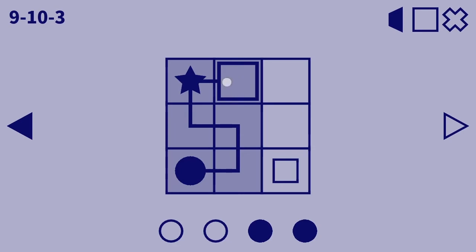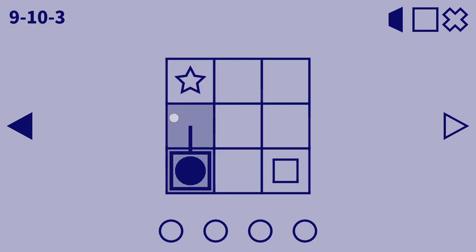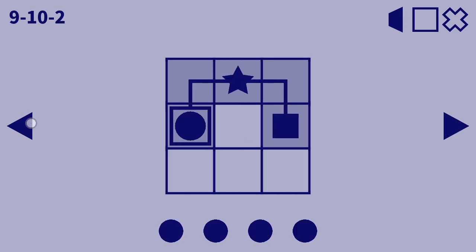I mean, it's something to do with the shape around the star. That's not good. That is good. What could it be? There's a corner on the star. Honestly, I have no idea.